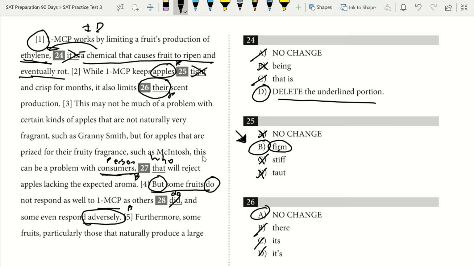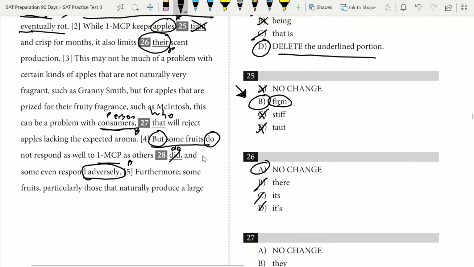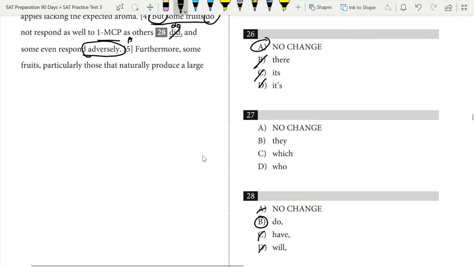If it's a place, we're going to want to use "where." We'd do a comma and "where." If it was a time, we would say comma "when," anything like that, right? We want to use that comma and then what it's describing. So in this case, it's a person, which is a "who." So we want to use a comma and then say "who will reject apples." So we'll go down. We see that that's answer choice D for 27.